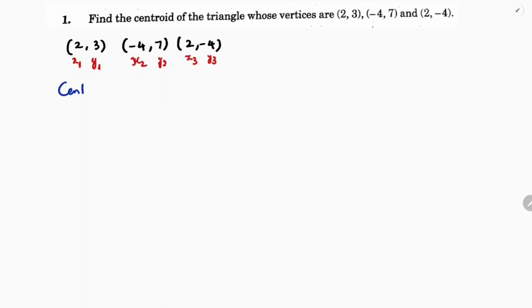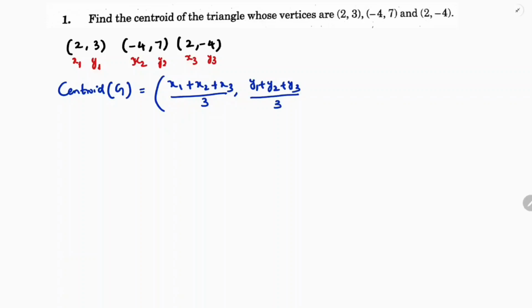The formula for the centroid, when they give 3 vertices, is x1 plus x2 plus x3 by 3, y1 plus y2 plus y3 by 3.